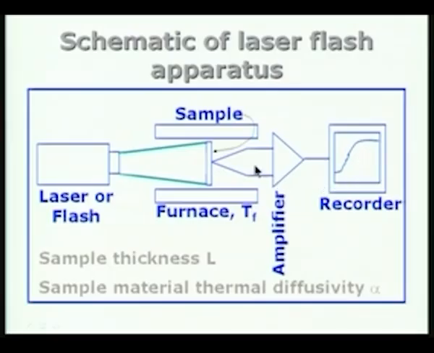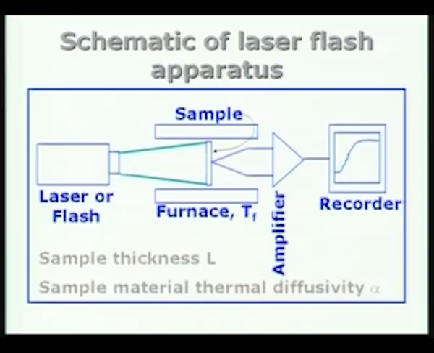There is no need to measure the temperature accurately. I can record some effect of the thermocouple response without worrying about the units, and this is enough for our purpose, as you will see in a little while from now. The sample thickness is the length L, and the thermal diffusivity of the sample material I am assuming is alpha, which we already know is nothing but K divided by rho Cp, the thermal conductivity divided by the density and specific heat product.